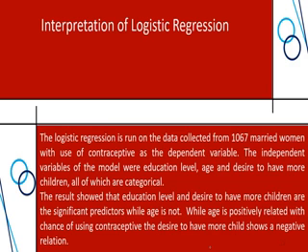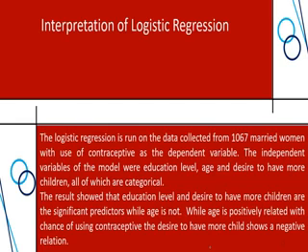Now, the overall interpretation of logistic regression. The logistic regression was run on the data, collected from 1067 married women, with use of contraceptive as the dependent variable. The independent variables of the model were education level, age, and desire to have more children, all of which are categorical in nature, as we have seen.